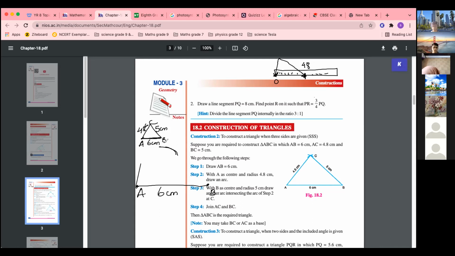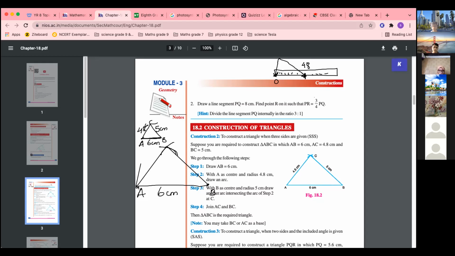So now this length is 5 centimeter because from here I have cut a 5 centimeter arc, and from here I have cut 4.8. So this triangle is made. Understood? So when 3 sides are given, just draw a rough diagram, take the compass, take the arc of the given length and cut that side only. Wherever the point of intersection is, join it to the 2 ends of the line segment, the base. Okay?